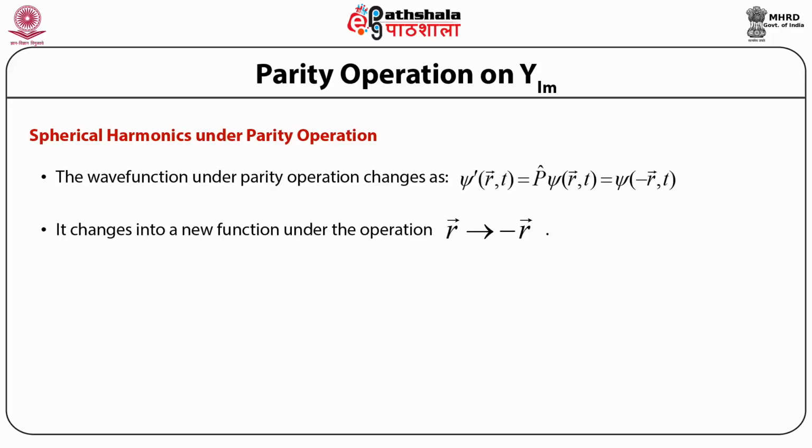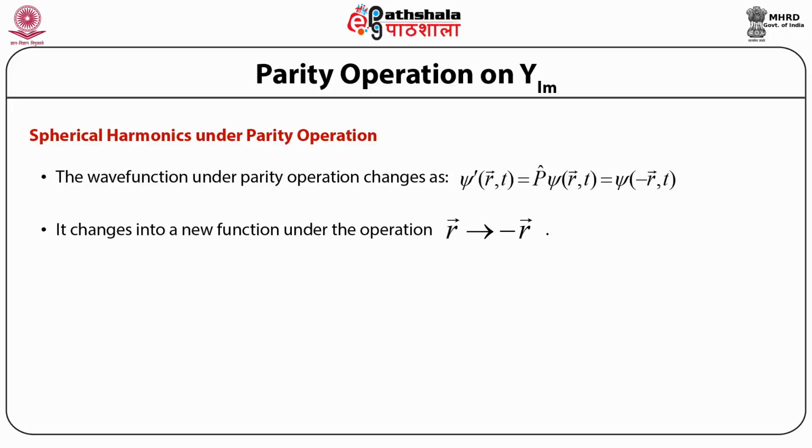So the wave function under parity operation changes as psi prime of r comma t, that is, wave function psi prime as a function of vector r and time t, is equal to the parity operator times wave function psi of vector r comma t, which is equal to psi of minus vector r comma t.